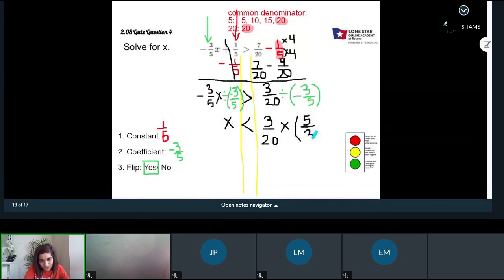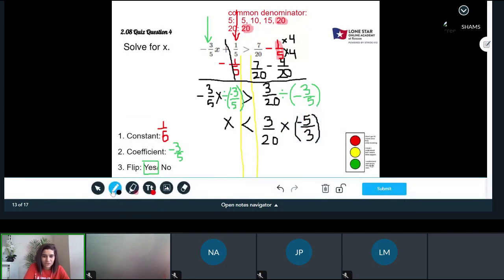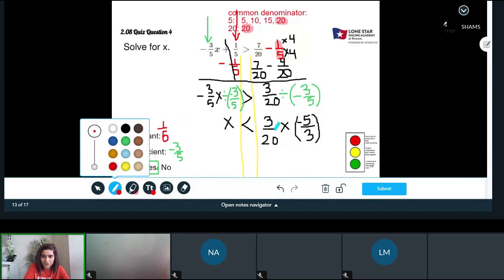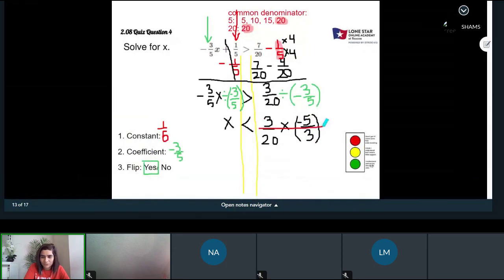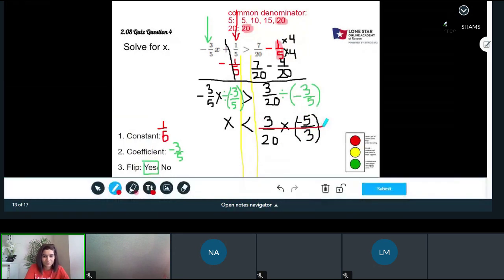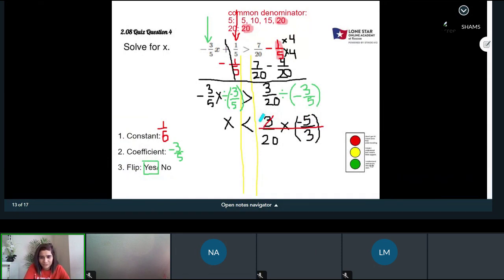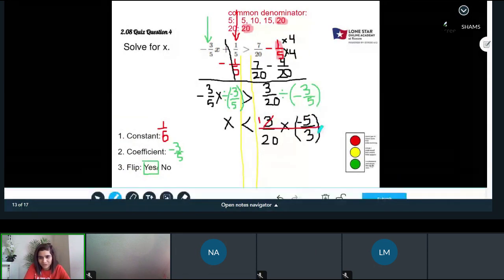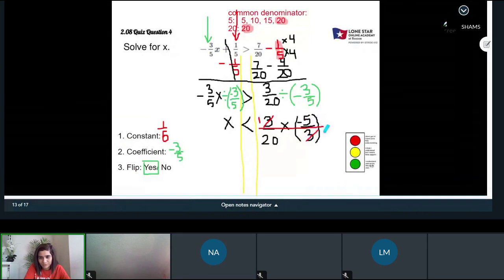And remember, this next fraction was a negative fraction. So when you multiply fractions, remember, numerators will multiply with the other numerator, denominators multiply with one another. I can simplify the 3's. 3 divided by 3 is 1, and this 3 divided by 3 is also a 1.